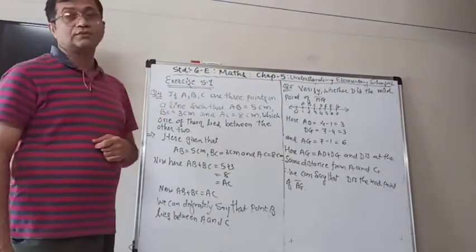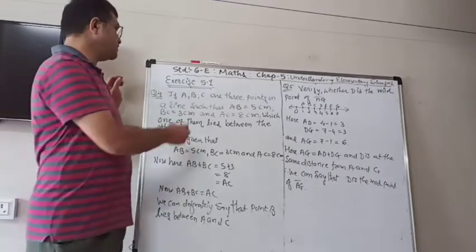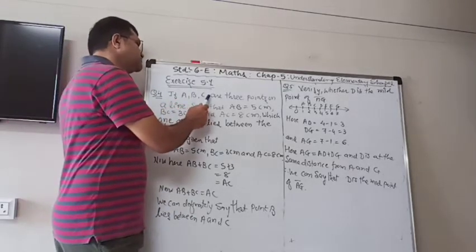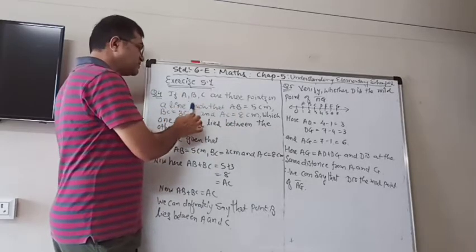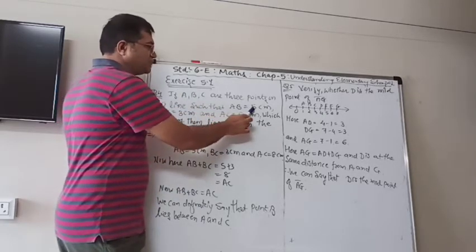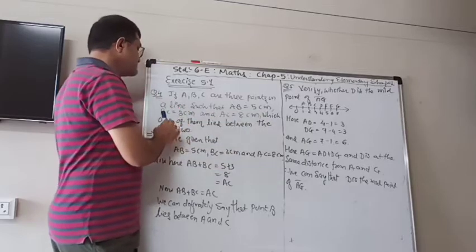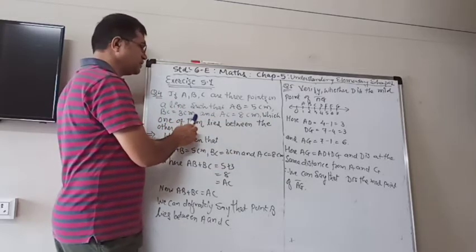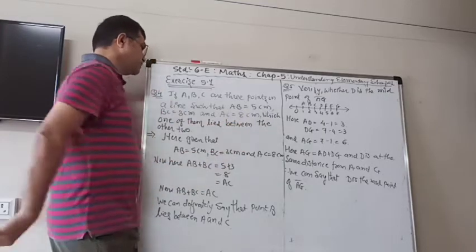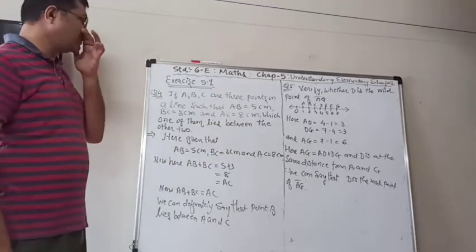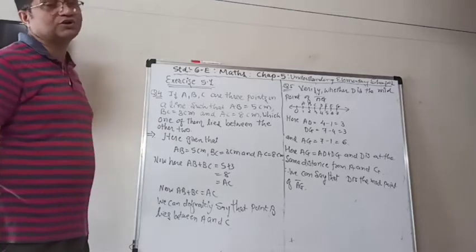Now question number 4. Given that if A, B, C are 3 points on a line such that AB equals 5 centimeter, BC is equal to 3 centimeter and AC is equal to 8 centimeter, which one of them lies between the other two?